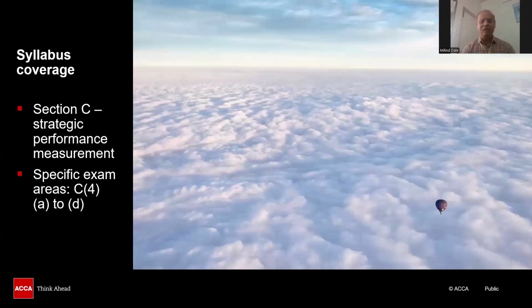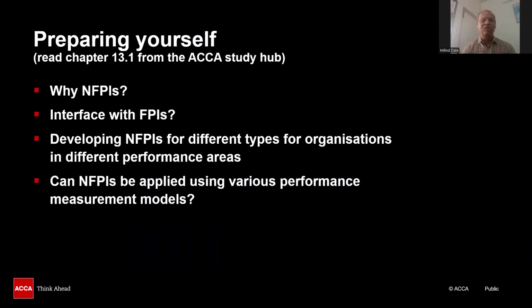But what I would like to let you know is to prepare yourself from chapter number 13 of the ACCA Study Hub, and try to understand the basics about NFPI. What are they? Why are they used? Basically understand the way in which these qualitative measures of performance, which are forward-looking and have an external focus, compare against financial performance indicators, which are in fact internally focused.